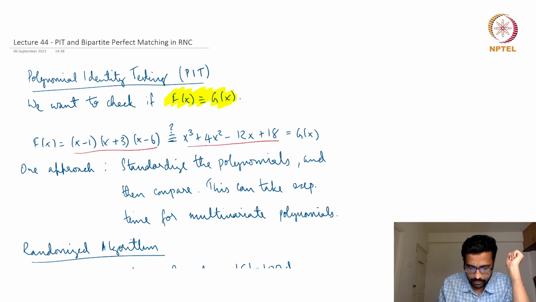The constant term in g is plus 18, and in f it is minus 6 times plus 3 times minus 1, which is also plus 18. But when you look at the coefficient of x squared, it will be the sum of minus 6, plus 3, minus 1, so it will be minus 4, whereas for g it is plus 4. So you see that these are not the same, right?